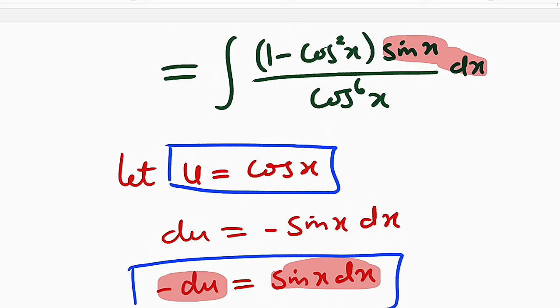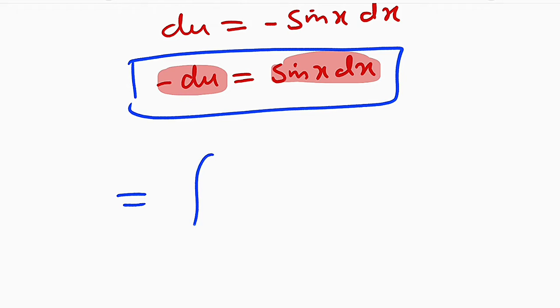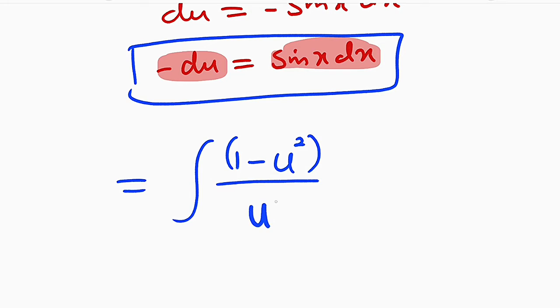And wherever we have cosine, we are going to replace it with u. So to the top, we have 1 minus u squared, because cosine is equal to u from here. And sine x dx is going to be replaced with negative du. So to the top, we have 1 minus u squared, divided by, to the bottom, we have cos 6 of u, which is u to the 6th power, right?